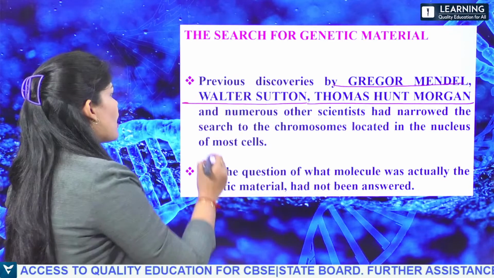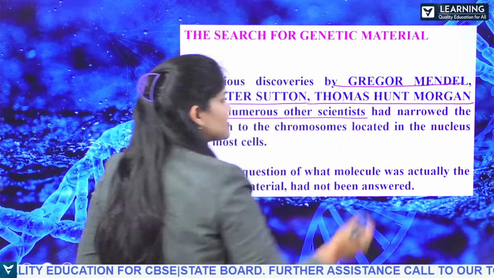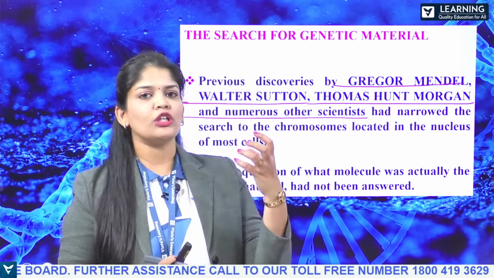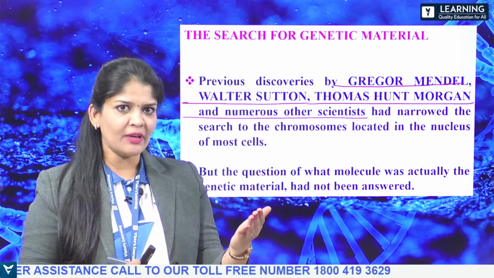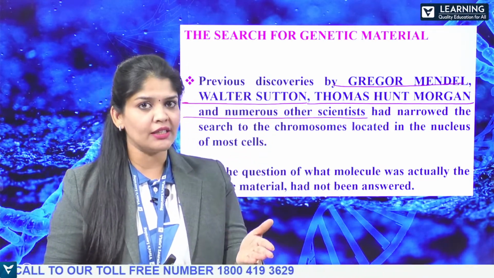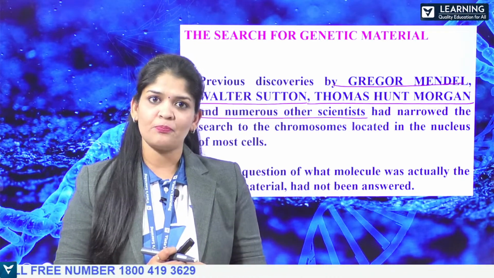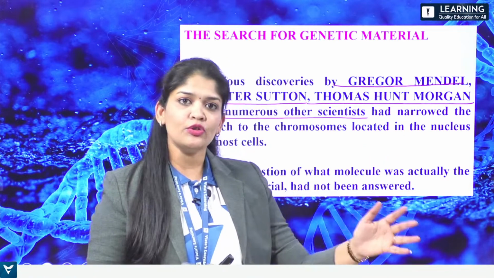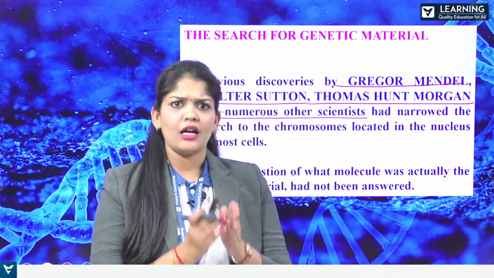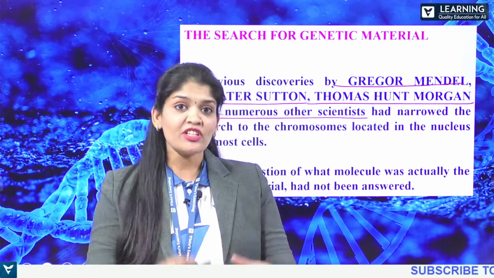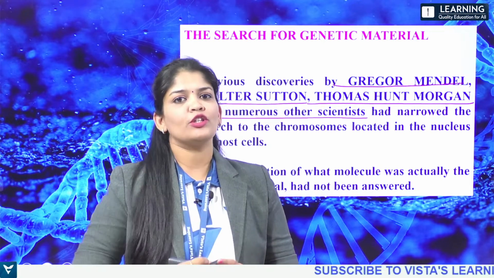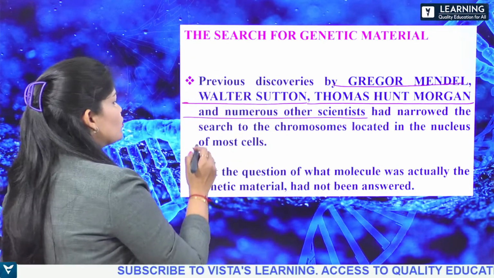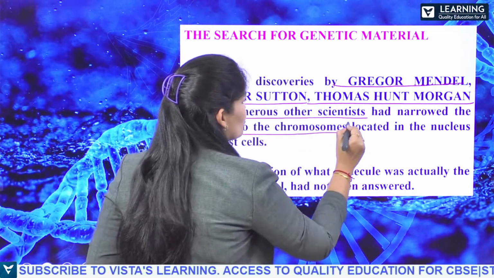Numerous other scientists also narrowed it down. However, our main aim is to understand the genetic material and its biochemical nature, and where it is present. In the nucleus, we have DNA, RNA and protein, so which molecule acts as the genetic material? The search had narrowed down to the chromosome.